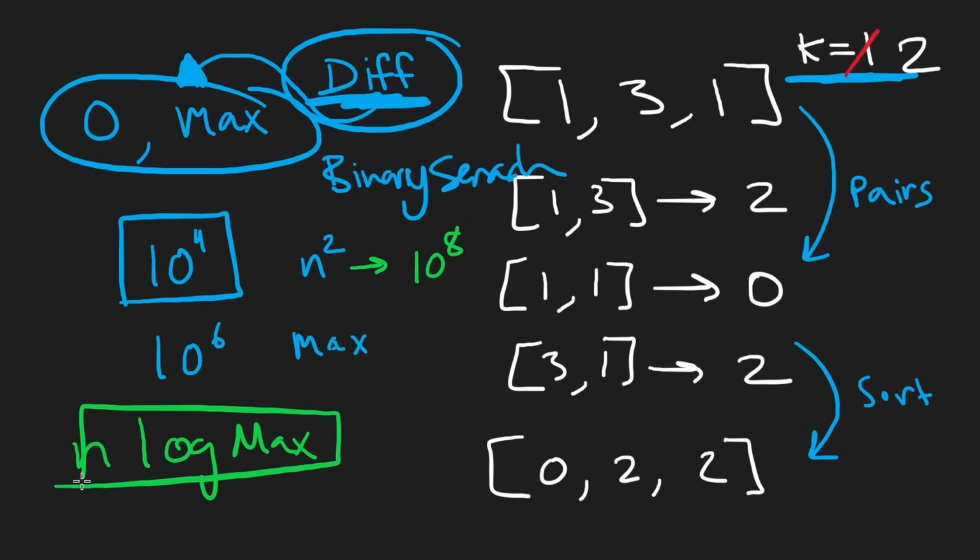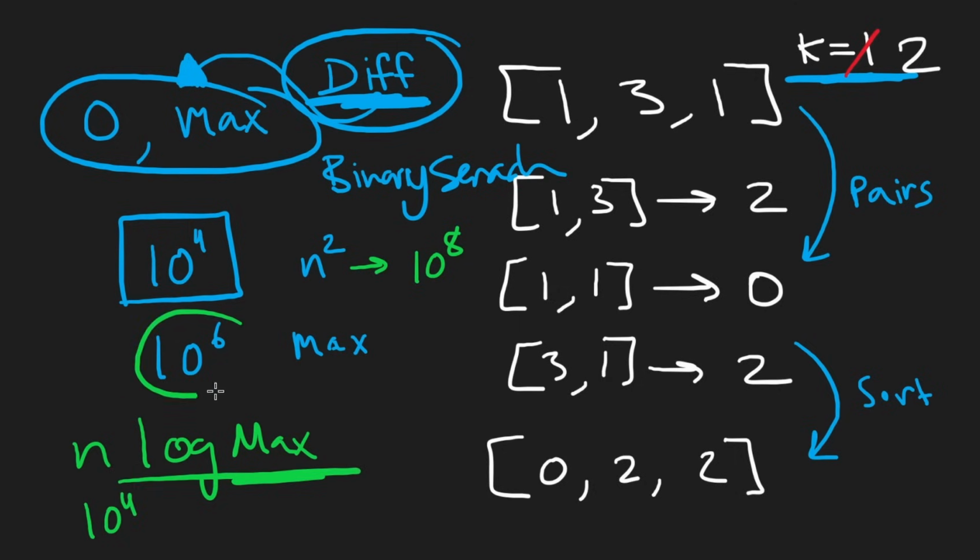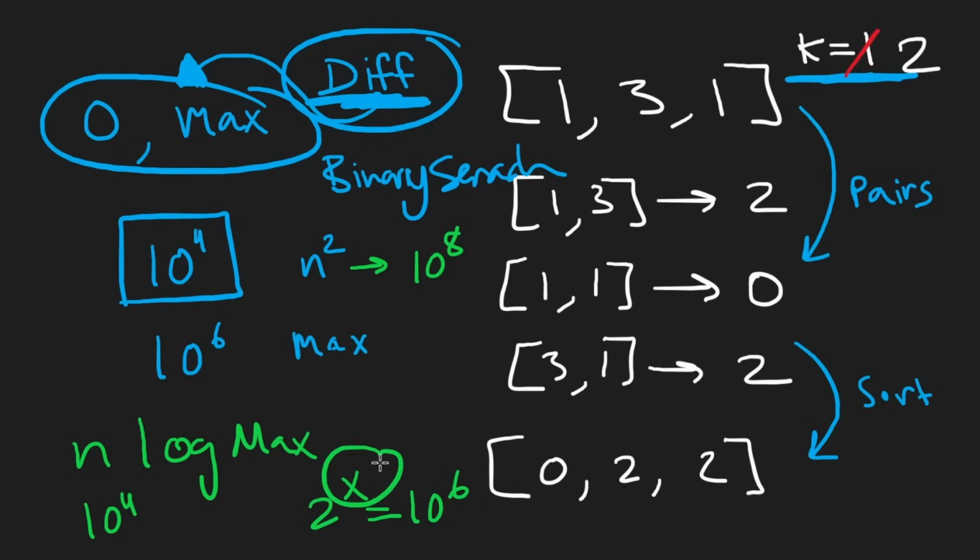So is this an improvement? Well, if we do some math, this is going to be 10 to the power of 4 times log base 2 of 10 to the power of 6. That's going to be actually pretty small. I don't think it's going to be much larger than 20 or something like that, because basically this is asking 2 to what power is equal to 10 to the power of 6. The power is what we care about. And keep in mind, 2 to the power of 32 is like a billion.